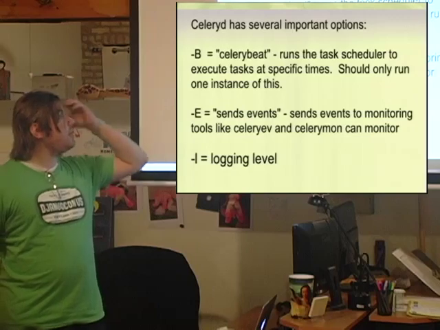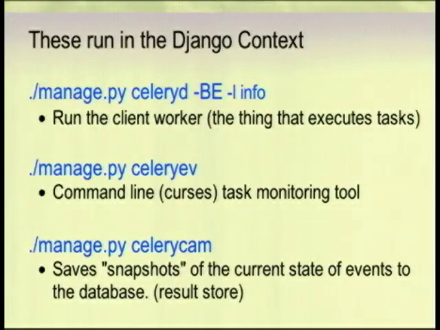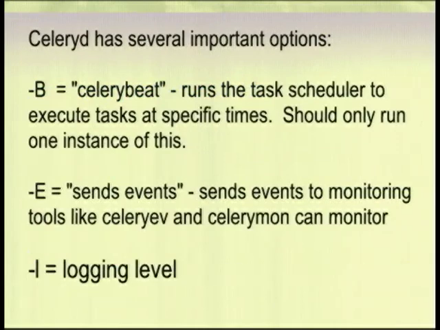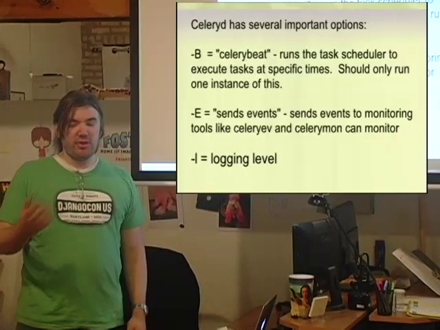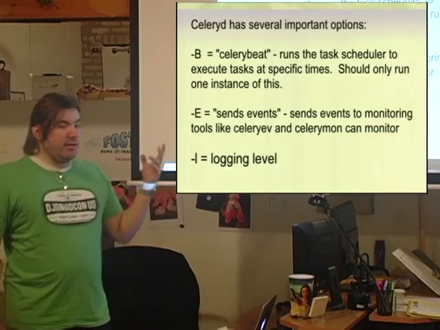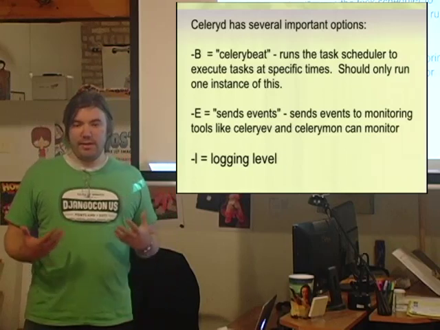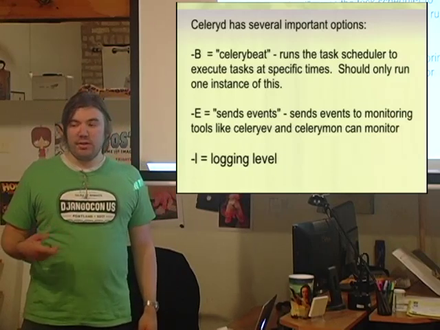So here I'm explaining the command line options for Celery Beat. The -B is Celery Beat, and this is a task scheduler. So if you want to use Celery, you don't have to run tasks right away. You can schedule them for some time in the future. And Celery Beat is a daemon that runs to allow that kind of scheduling to happen.